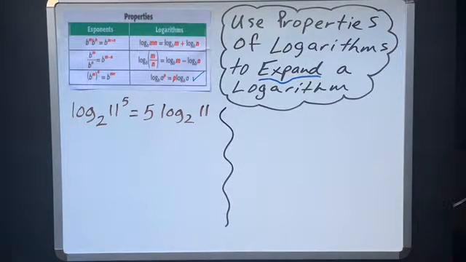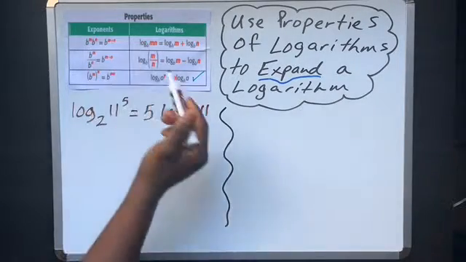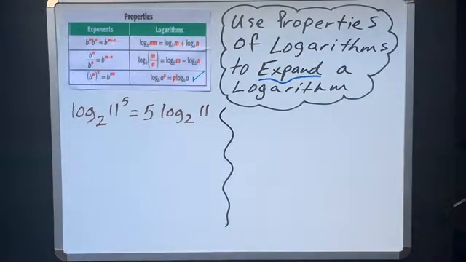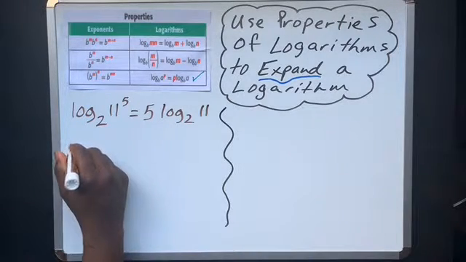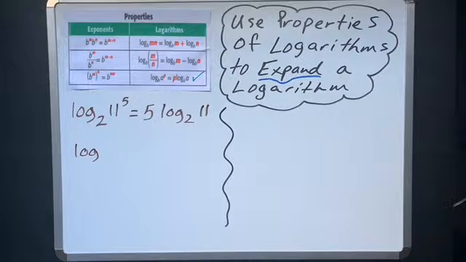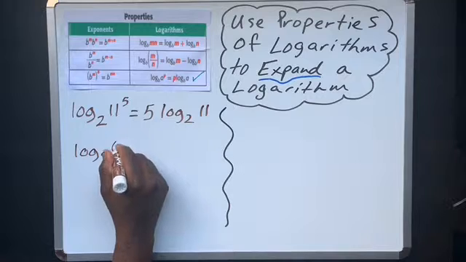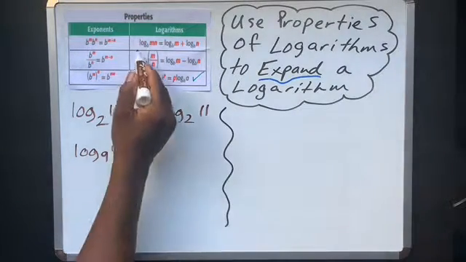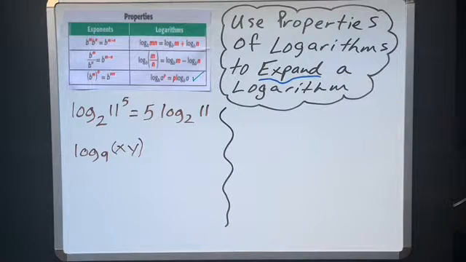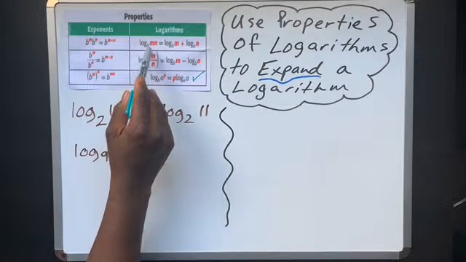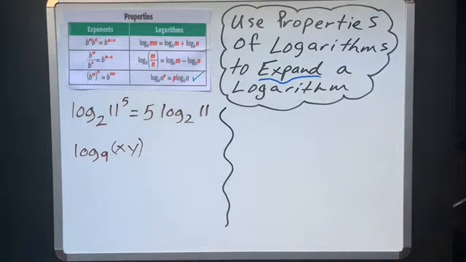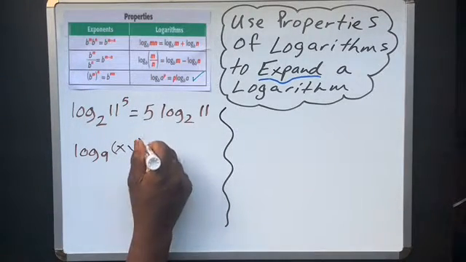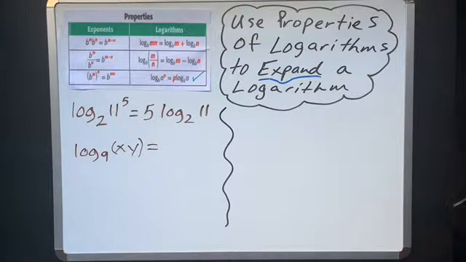All right, now let's work on expanding a logarithm for this property here. Let's say we have log base 9 of the quantity x times y. Now you look here and you see what property applies. It's this one right here, just as we have log base b of the quantity m times n. So I'm going to expand this logarithm.